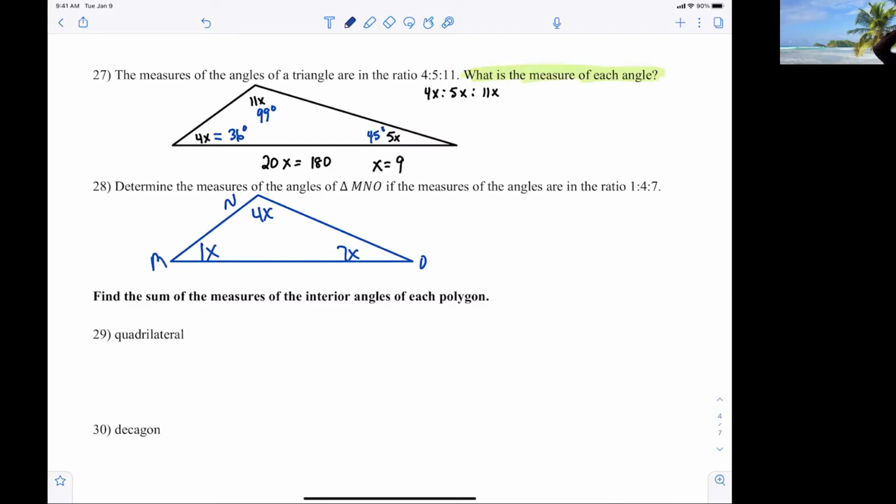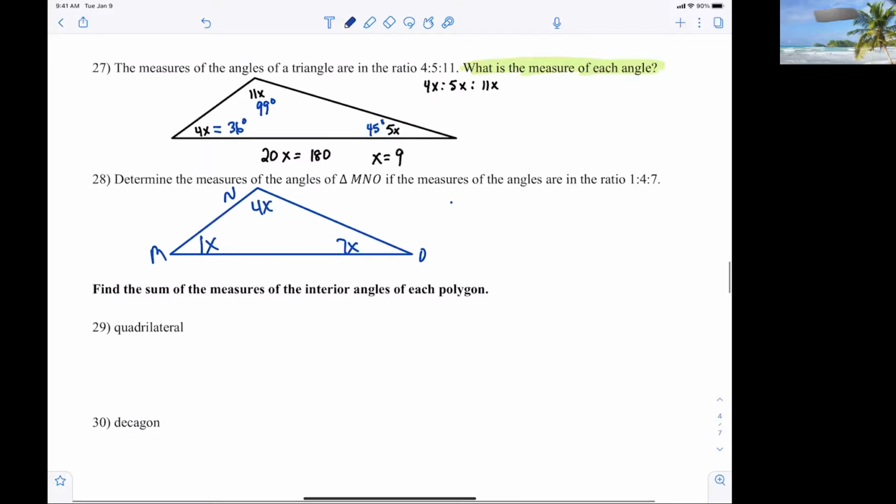So now what? Yep. Yes. What does that equal? 12x is equal to what?